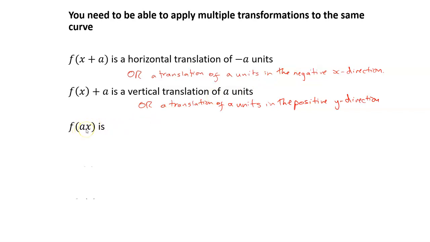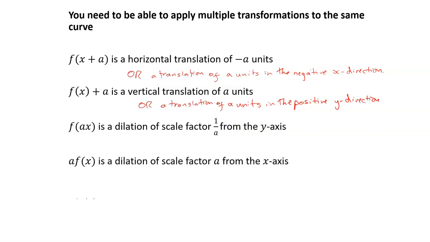Here, instead of multiplied by a, it's multiplied by 1 over a. And it's happening to the x's, so it's dilated out from the y-axis. So this word from is important here. If the a is multiplying the whole function, then that's a dilation of scale factor a from the x-axis.